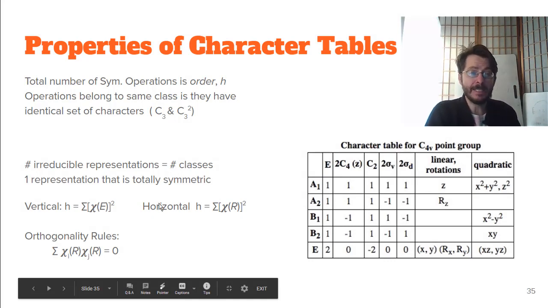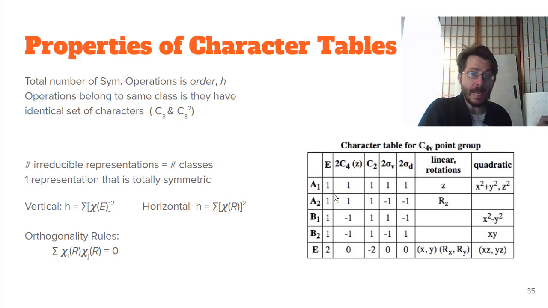All right? Additionally, along any reducible representation, the sum of the squares of the characters within that representation is going to be equal to the order. All right, so 1 squared, 1 squared, 1 squared, negative 1 squared, 1 squared. You see, but that only totals up to 5, Dan. Well, you have to account for the class, all right?